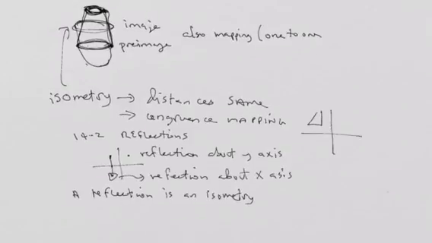I can take this and reflect it about the x-axis. And that means I take this point here, slam it into the x-axis, and go the same distance on the other side. I take this point here, slam it into the x-axis, and go the same distance on the other side. Same with this. And I get this. That's a reflection of this triangle about the x-axis.